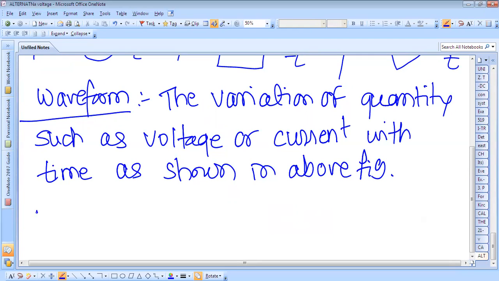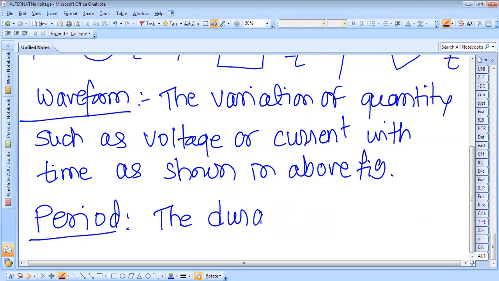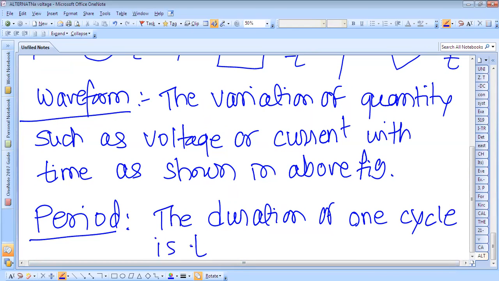Second is the period. The duration of one cycle is termed its period.